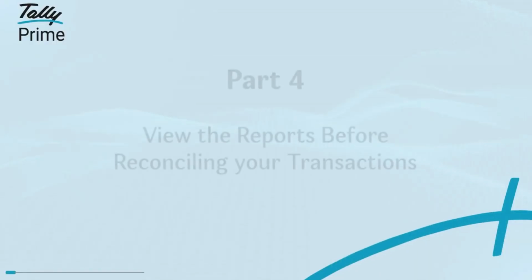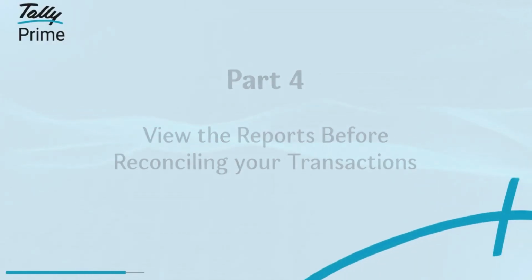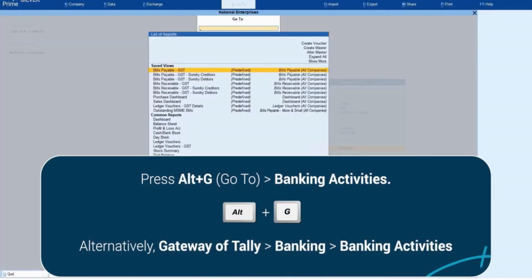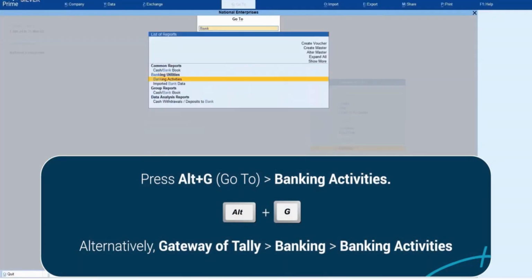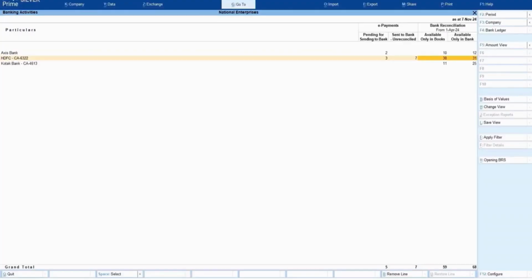Let us now see how to view the reports before you reconcile your transactions. Press Alt-G. Type or select Banking Activities. The Banking Activities report provides the count of unreconciled transactions in your books and bank records.